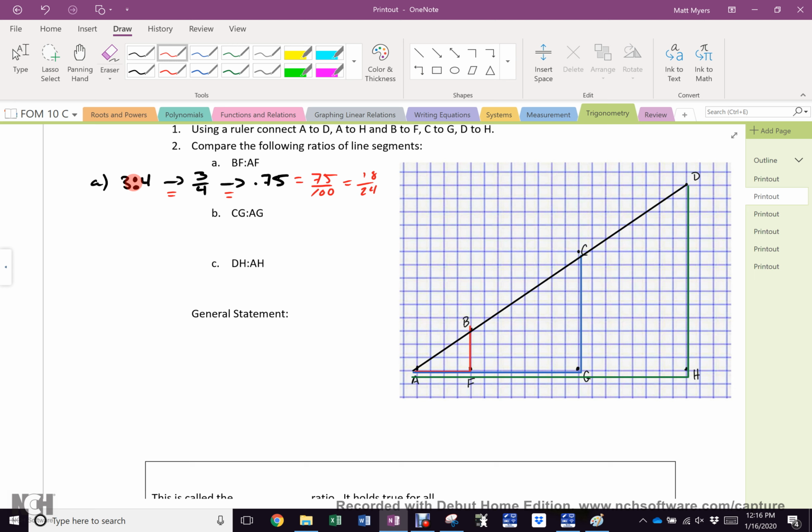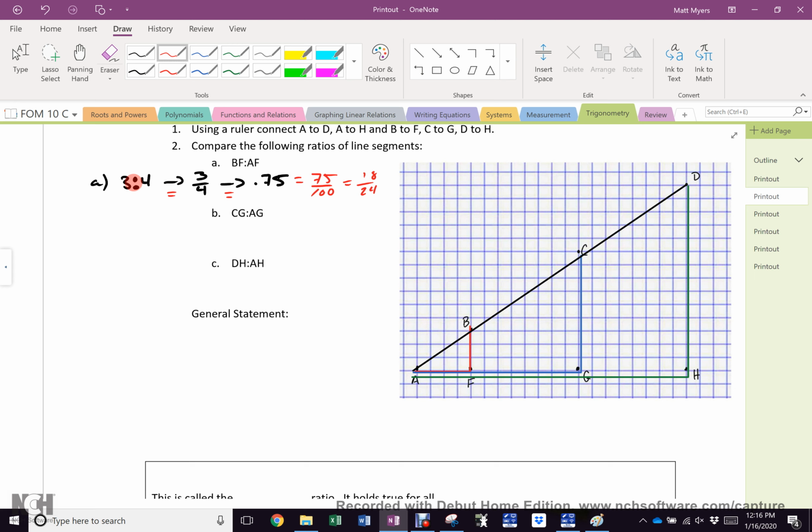Would that triangle have 3/4? No. Would it have this by this? Yes, it would. Why? Because the angle didn't change. Just the lengths of the side changed. Is everybody cool? Okay. So now, we can go back to here.